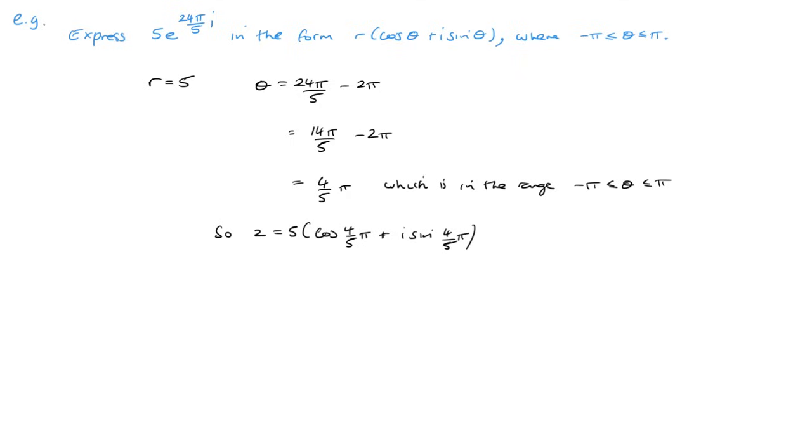Okay, and that is how we write it in that form. So we've got to be careful with the angles, because we're basically finding equivalent angles, but that are in the range between pi and minus pi.